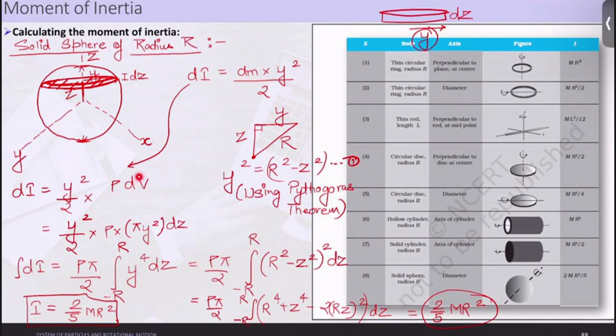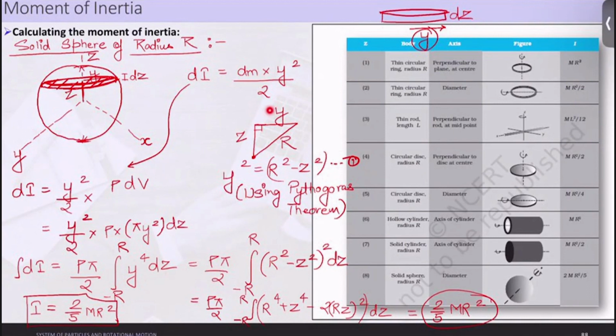If you look at this dv very clearly, it is the volume that this circular disk captures, so it is pi y square into dz. This y square and this y square gets y to the power 4 dz. As the integration to be performed is with respect to z, we need to convert this y to the power 4 in terms of z.